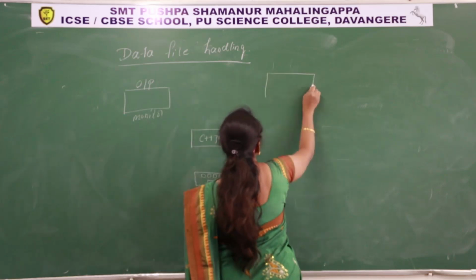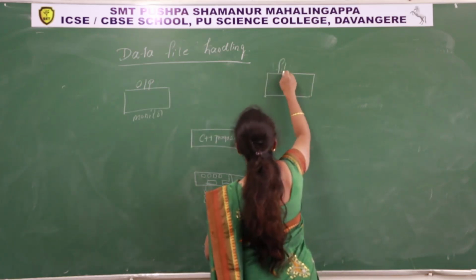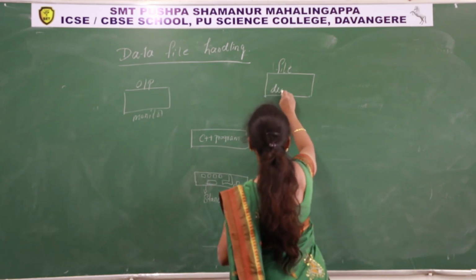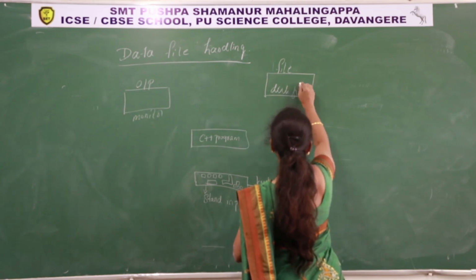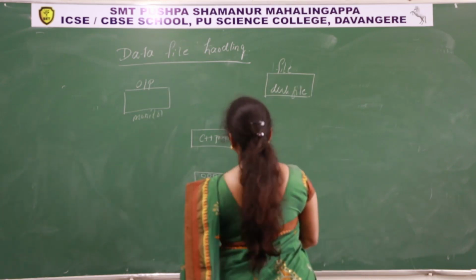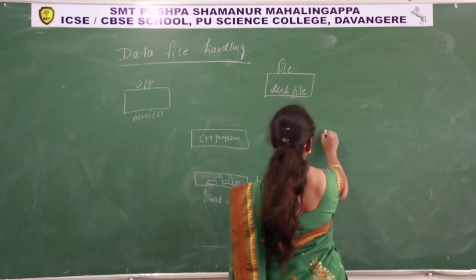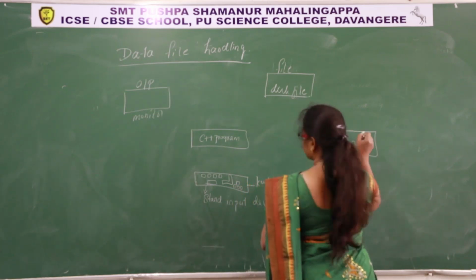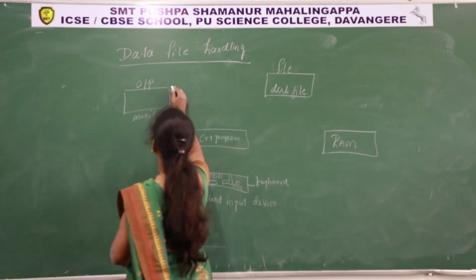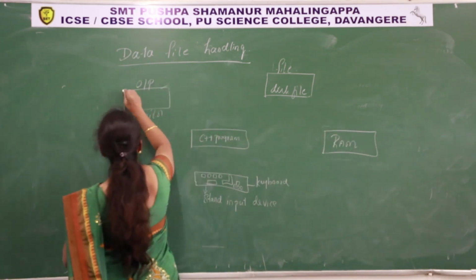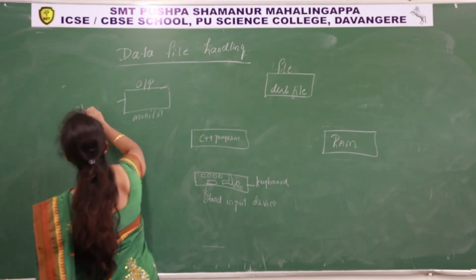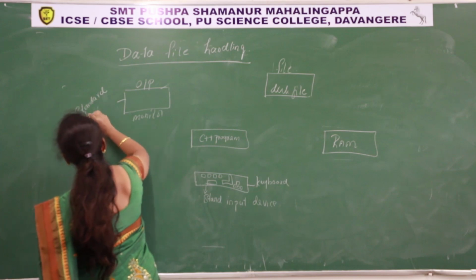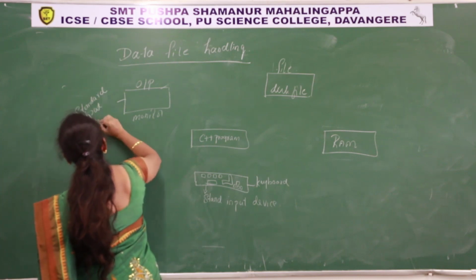This is the file, the disk file. Next, RAM. This is the standard output device, output device.